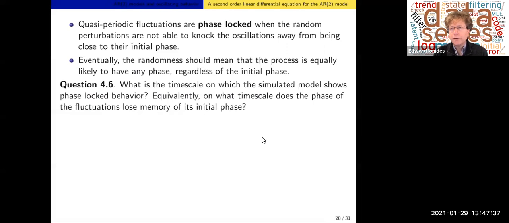They have to if they have a long-term stationary solution. So we might be interested in the timescale on which this happens. In question 4.6, we're asked what's the timescale on which the simulated model shows phase lock behavior? What timescale does the phase of the fluctuations lose memory of its initial phase?